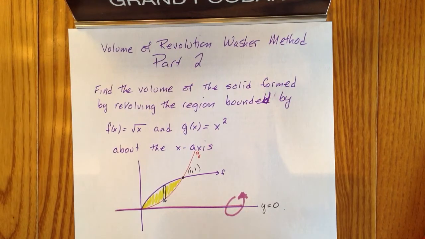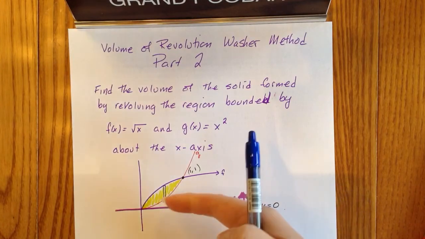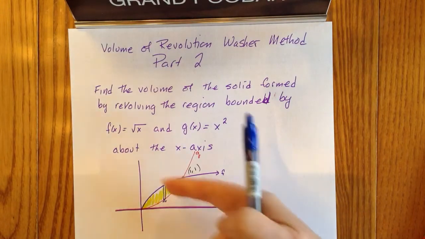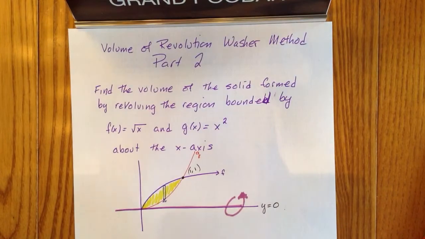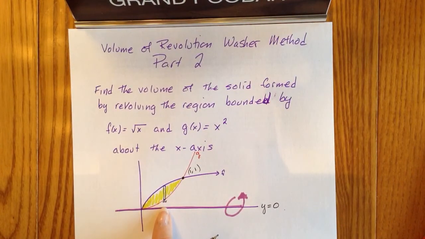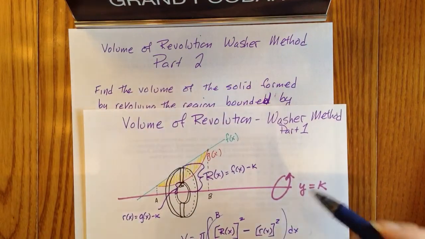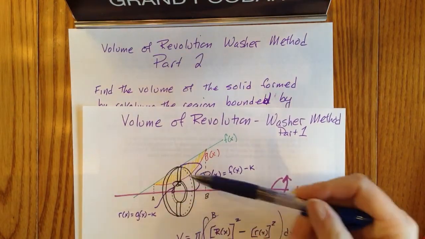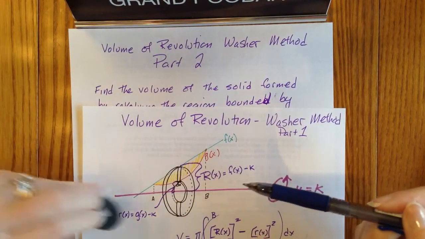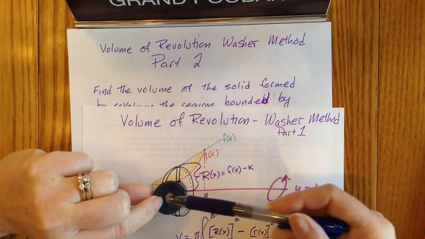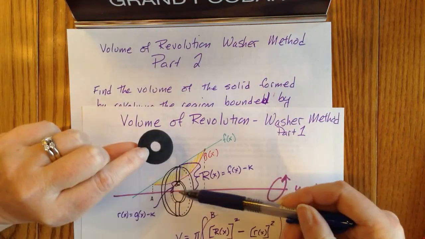All right, so once again, from video part 1, here's what's going to happen when we take that rectangle and revolve it around the axis of revolution. The bottom edge is not touching the axis of revolution, so we are going to get a washer. There it is. Do you see it? It has a hole in the middle because of this gap.